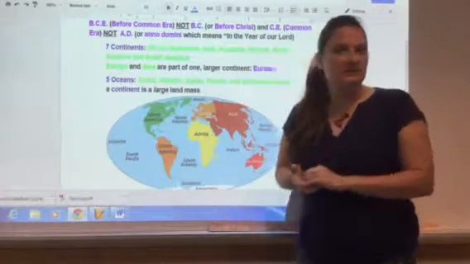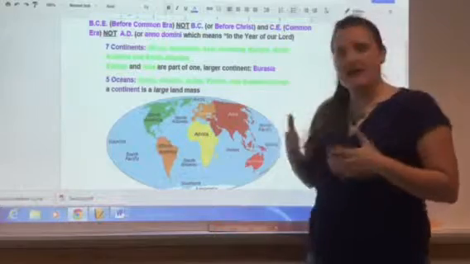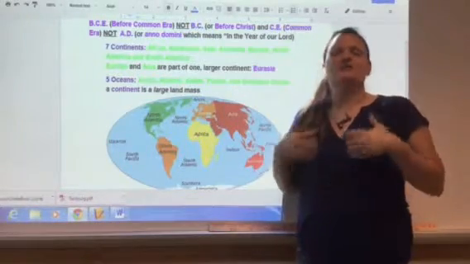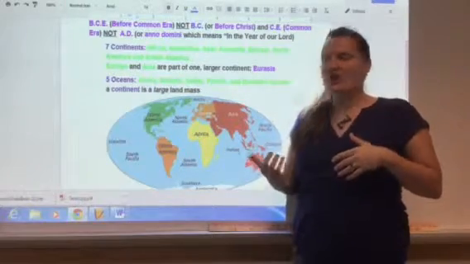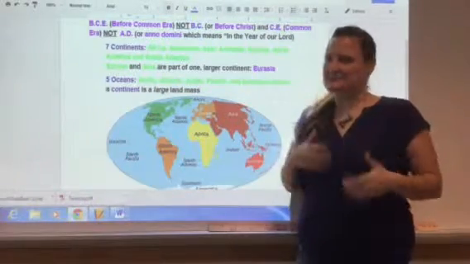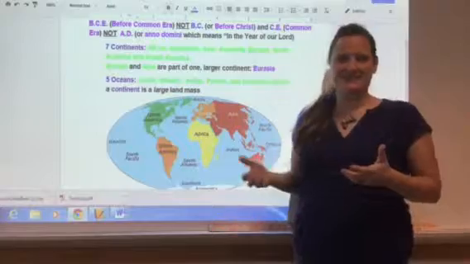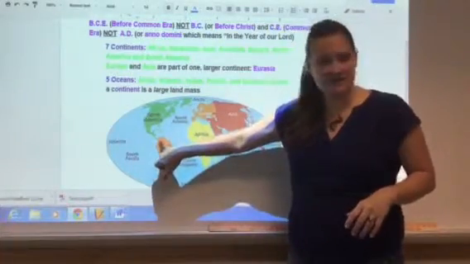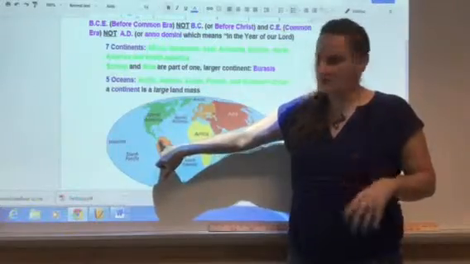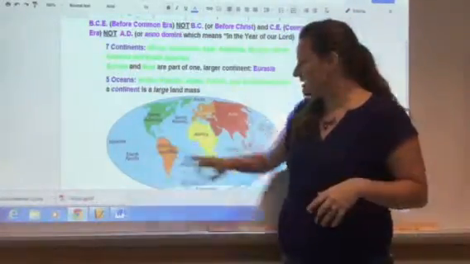We're going to talk about the 7 continents. We have Africa, Antarctica, North America, South America, Europe, Asia, and Australia. A lot of people think that there are fewer continents than that because a lot of them connect. For example, North and South America connect right there, which is now modern-day Panama.